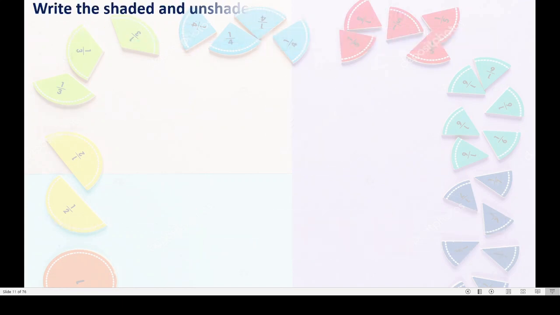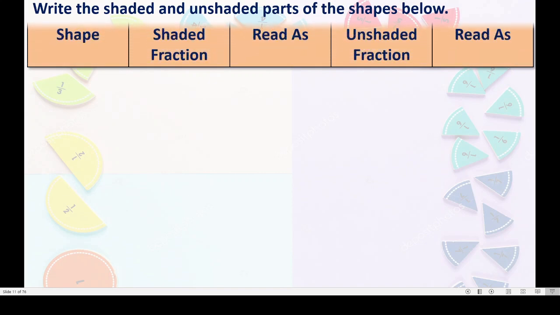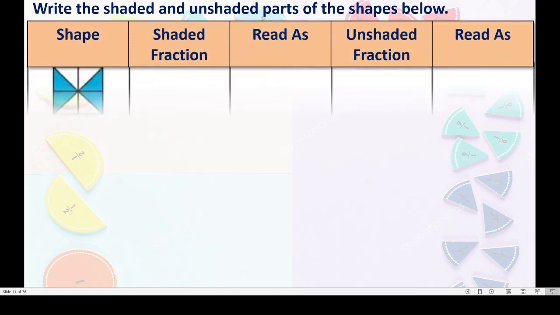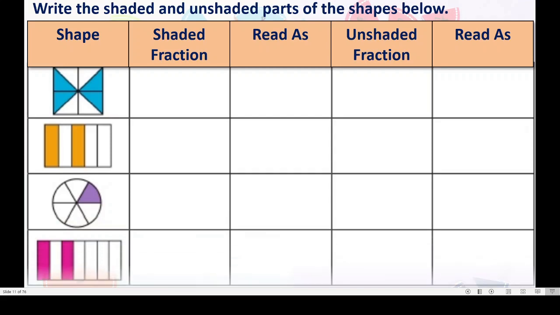Now here write the shaded and unshaded parts of the shapes below. We'll see here. Okay. Yes. We can see here 4 figures with shaded and unshaded parts. Right? Okay, we will go to the first one. See the figure. Shaded fraction we have to write here.